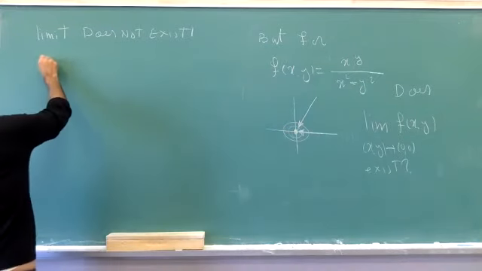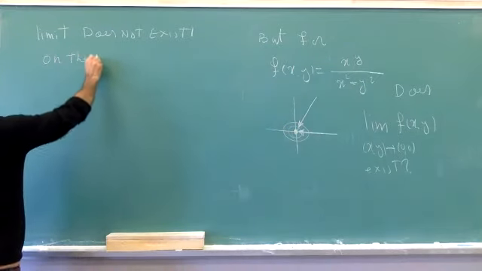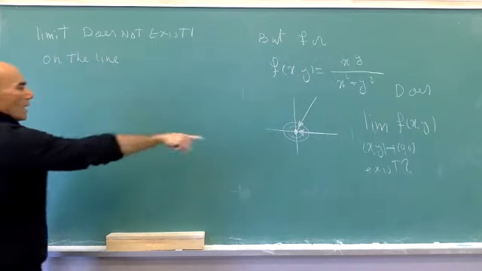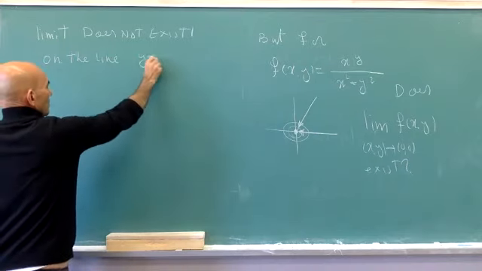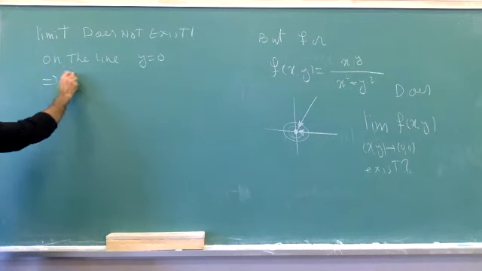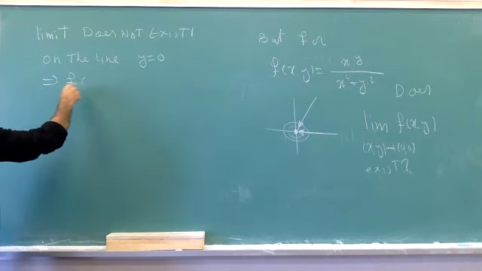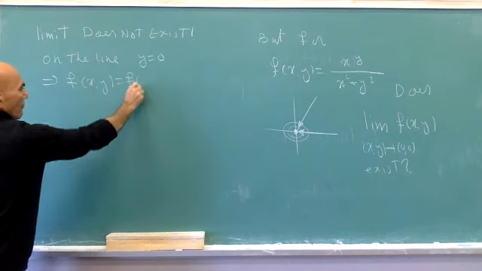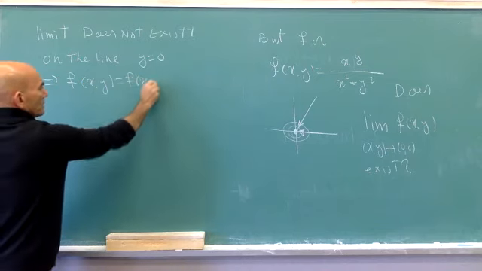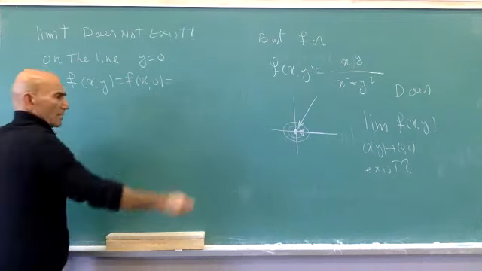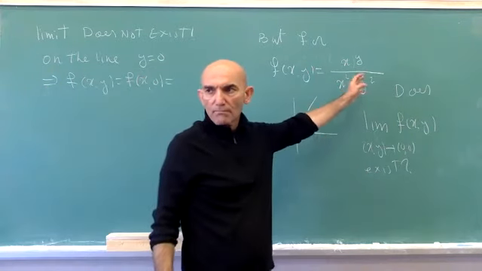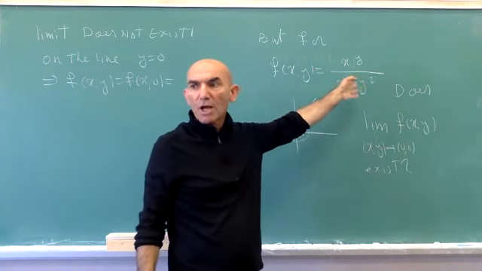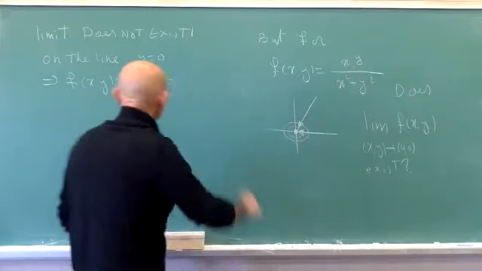On the line y equal to 0, this function is constant, it's 0. f(x,y) equals f(x,0), because y is 0, so that's 0. You don't even have to look at the denominator.